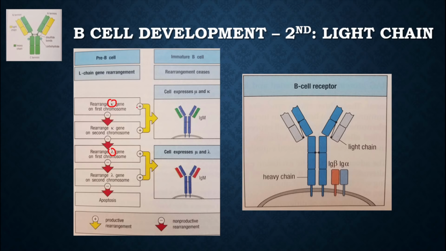So if the first time it undergoes the somatic recombination, if it makes a functional kappa chain, it'll just continue and that will be the B cell receptor. If, however, the first chain does not result in a functional B cell receptor, it then moves to the next one and it tries the other chromosome's kappa chain. If that doesn't work, it moves to the lambda chains. So you have 4 chances to make a functional light chain within the B cell.